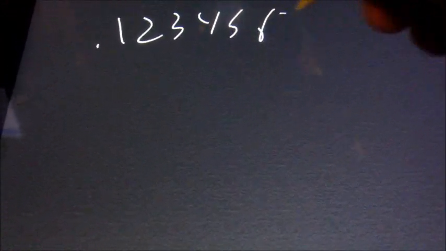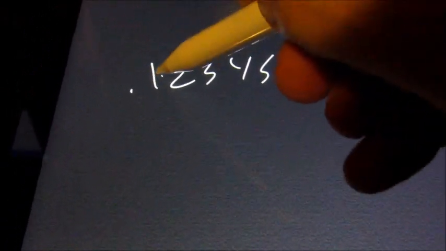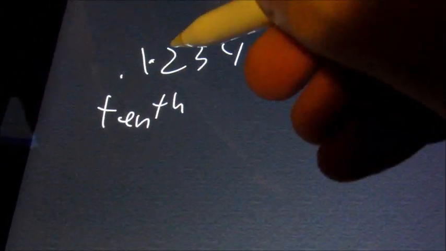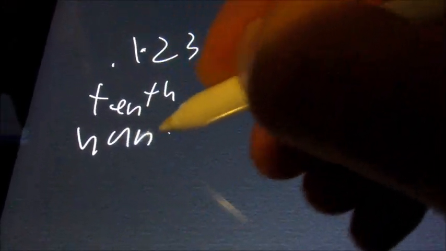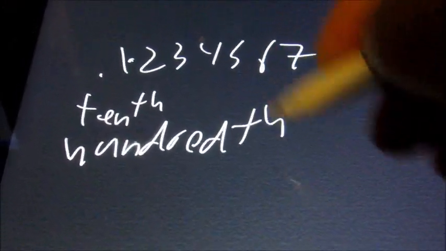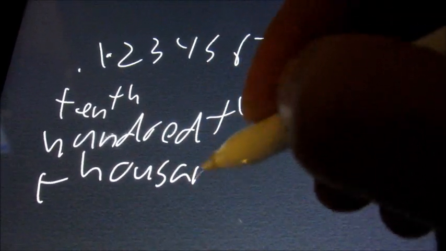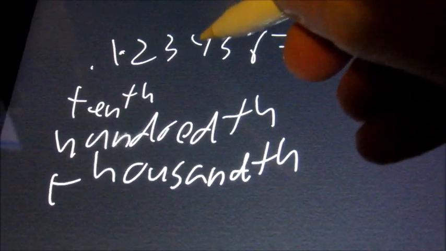So if we have 0.1, 2, 3, 4, 5, 6, 7. This is the tenth. Then hundredth. And then thousandth. And then 10,000th.